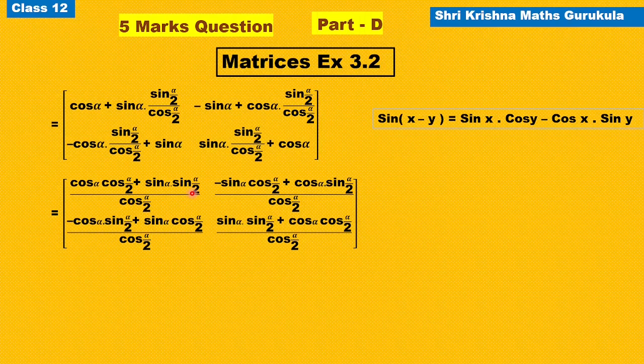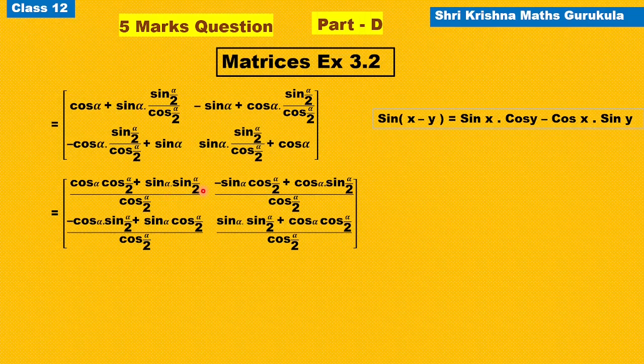So after simplifying, the denominators are cos alpha by 2 only for all the terms. Don't worry about the denominator now. Now look at the numerator part. In all of this we have to check, but let us check the very first one. Look at what you have. Cos alpha cos alpha by 2, the same angles here, plus sin alpha sin alpha by 2. Do you identify the form?